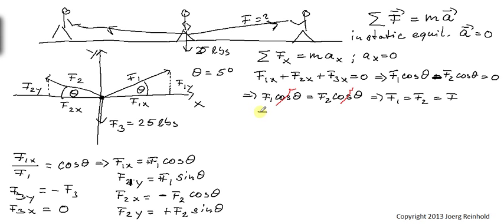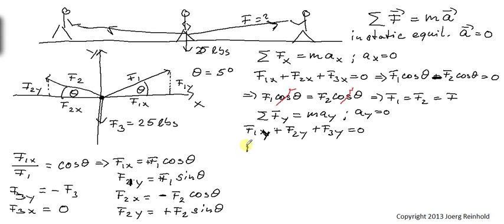Now I can look at the y direction. The sum over all forces in the y direction equals m times ay. Because nothing is moving, ay is also 0 in this case. So I have F1y plus F2y plus F3y, that is 0. I know what these components are.